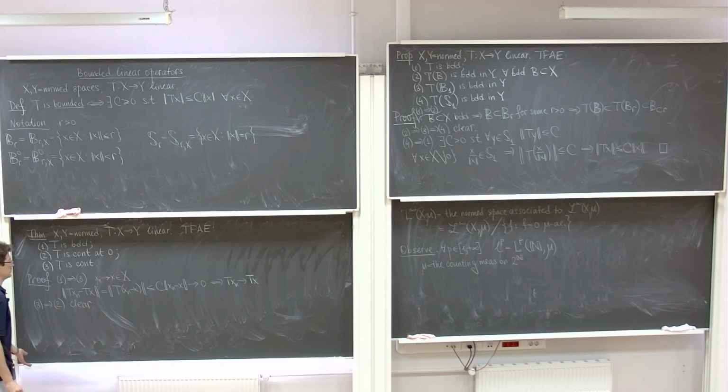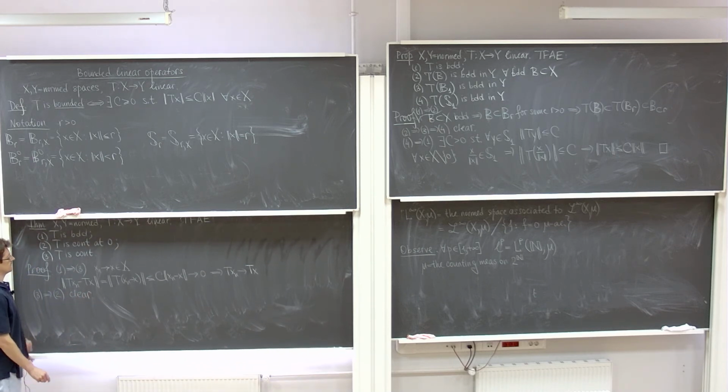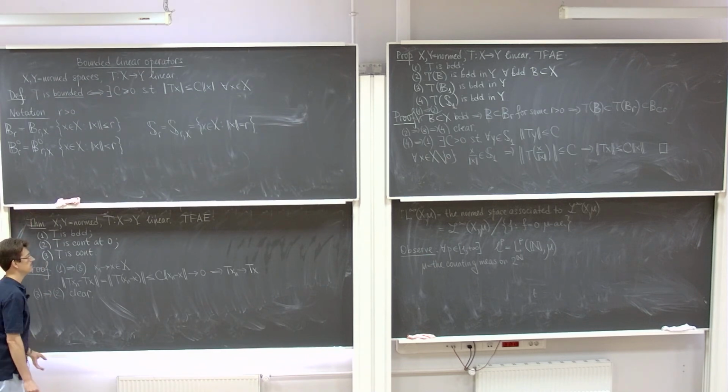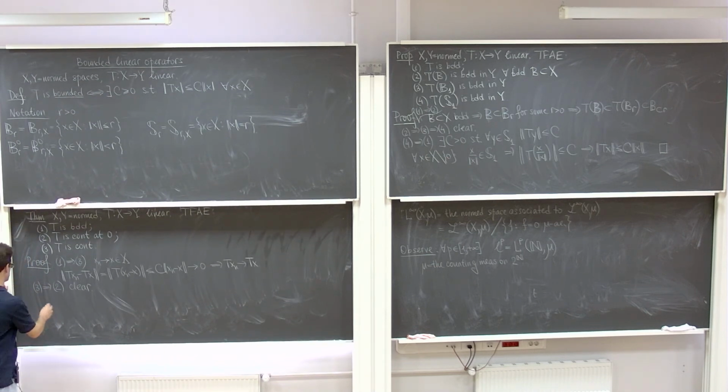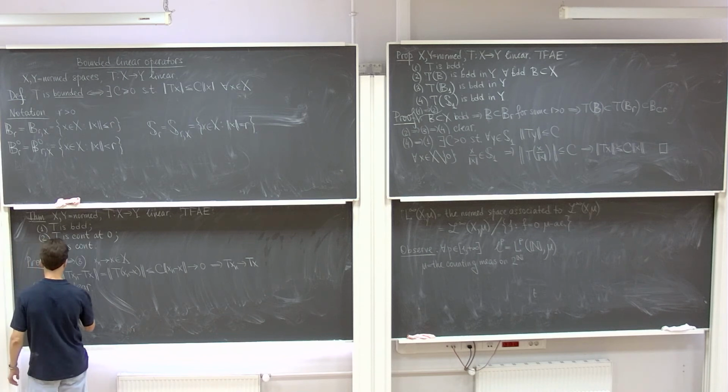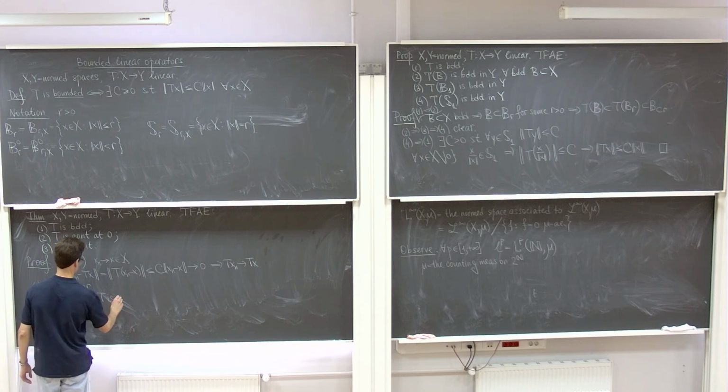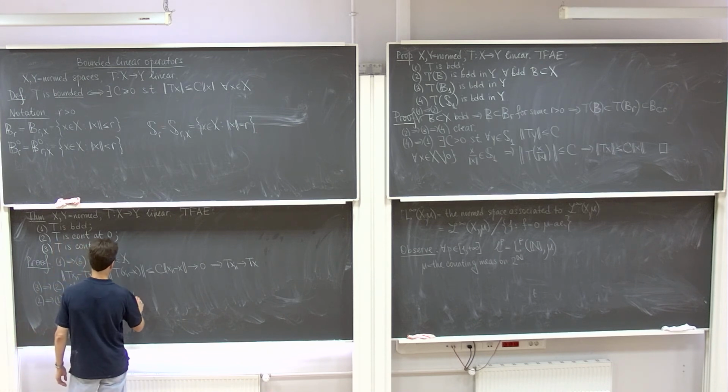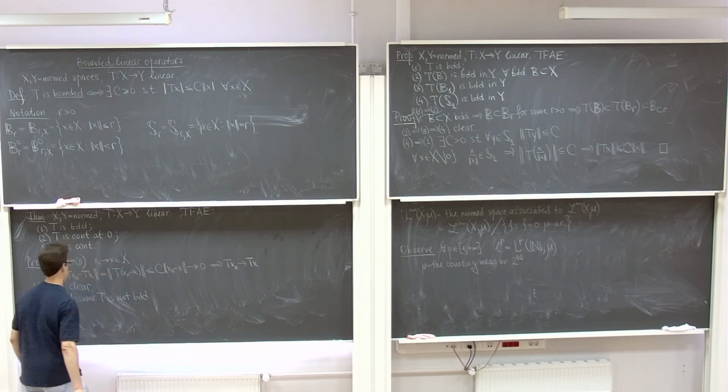And let's now show that 2 implies 1. So we assume that T is continuous at 0, and we want to show that T is bounded. Let's assume that T is not bounded, so we want to get a contradiction.